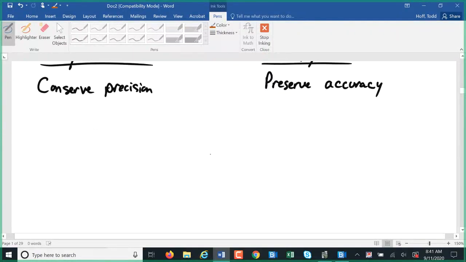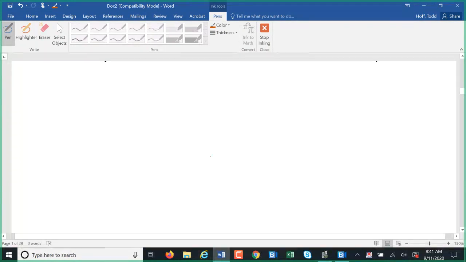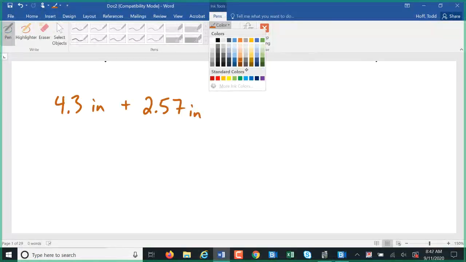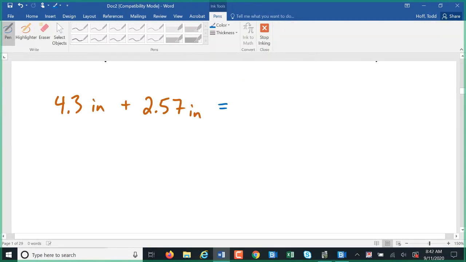Well, let's take a look at some examples here to see what we mean. Let's do 4.3 inches plus 2.57 inches. When I add those, I get 6.87 inches.